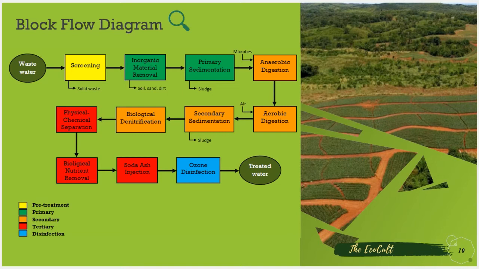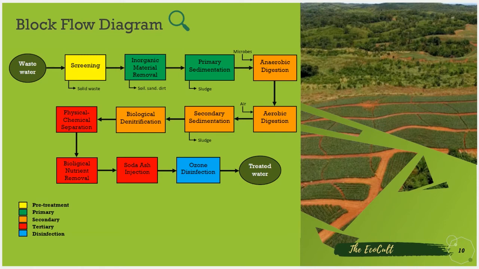By now, all the components of the liquid wastewater have been treated except for its pH level. So with that, the soda ash or the sodium hydroxide injection process is applied to increase the pH level of water near neutral. For the disinfection, the liquid water is disinfected by ozone, which has greater disinfection effectiveness against bacteria and viruses compared to chlorination and ultraviolet.